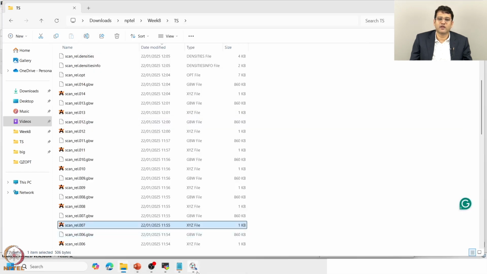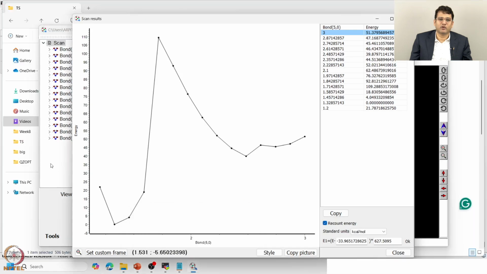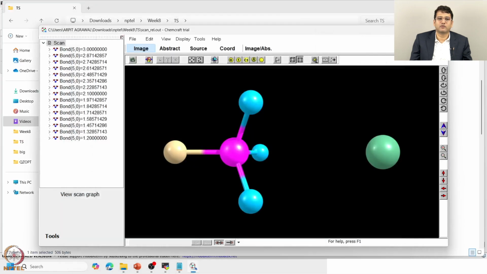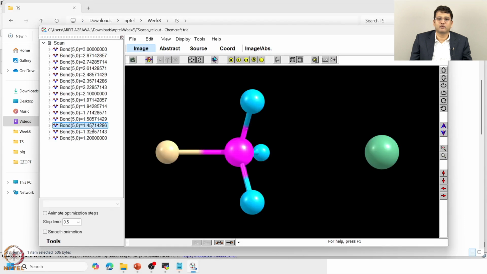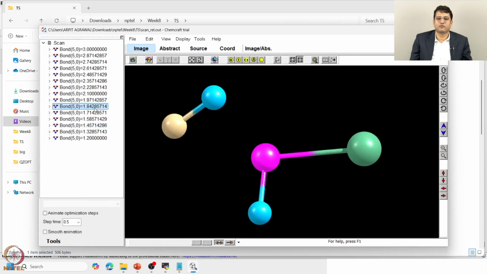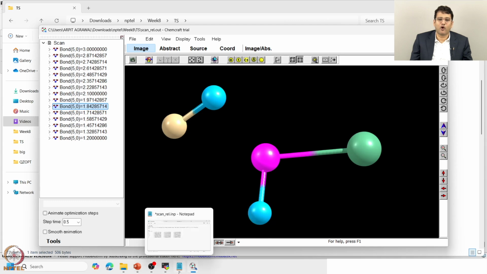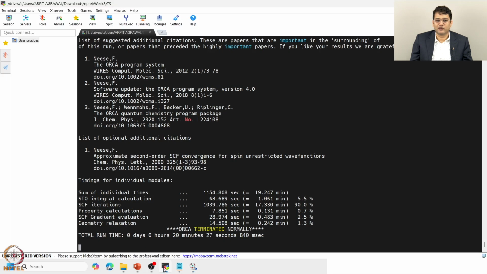Of course I could have seen it from here also. Like I was getting this one as a transition state, but this is not actually the transition state we are looking for. So this will give me something wrong. So you have to always use your chemical intuition.